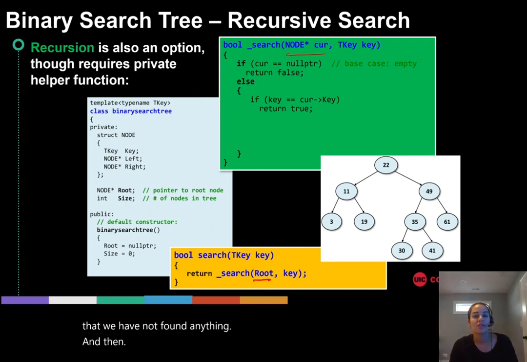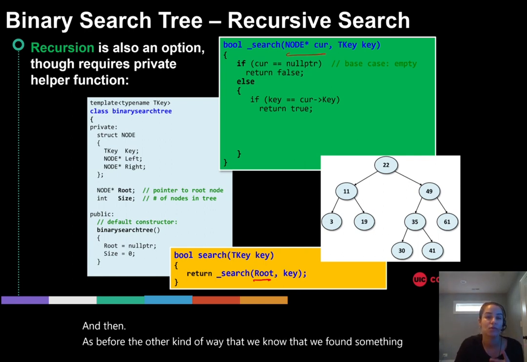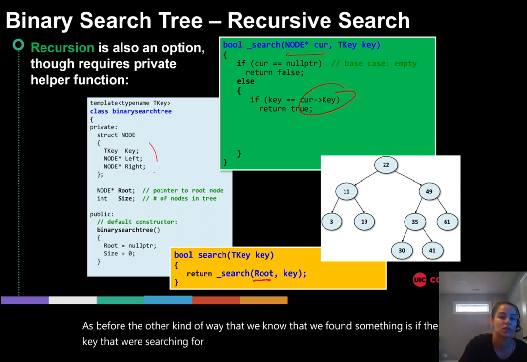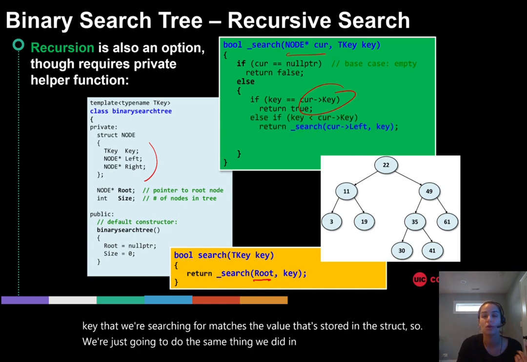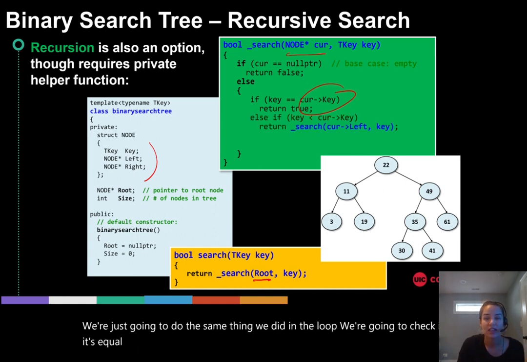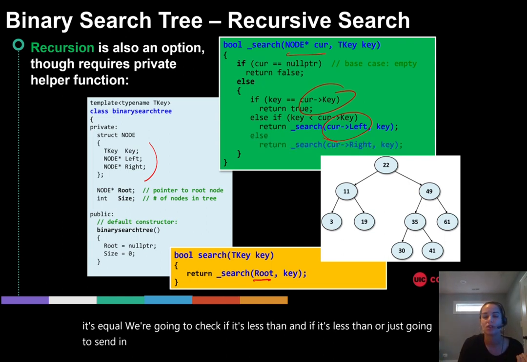And then, as before, the other way that we know that we found something is if the key that we're searching for matches the value that's stored in the struct. So we're just going to do the same thing we did in the loop. We're going to check if it's equal. We're going to check if it's less than. And if it's less than, we're just going to send in the left node into the recursive call.